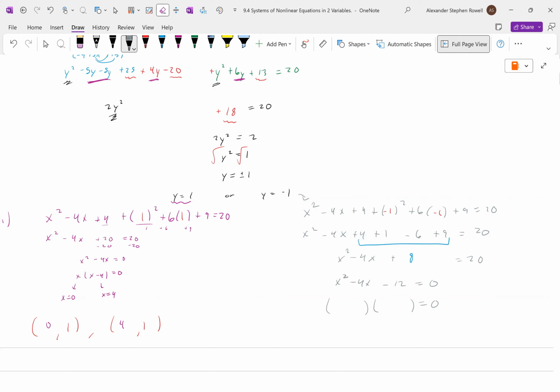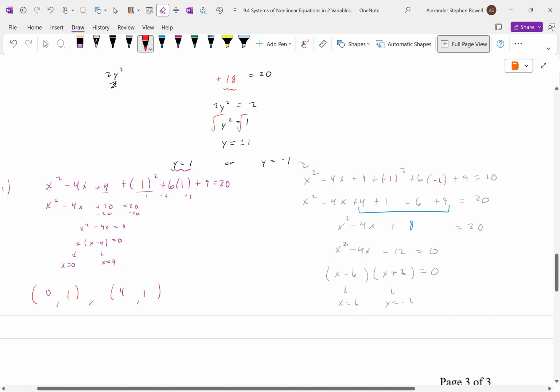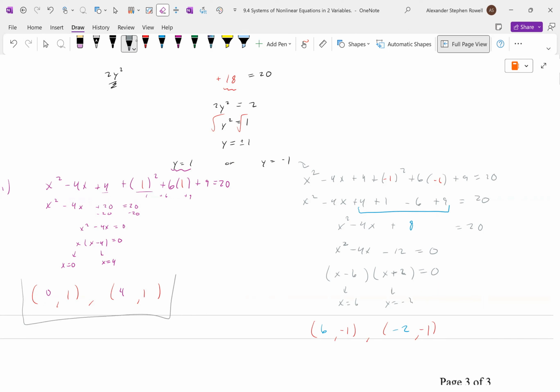Okay, so factors of -12 that add to make -4. X minus 6, x plus 2. X equals 6. X equals -2. So what we're saying here is when y is -1, we have 2 different x values. -2 and 6. So we have 4 solutions where these 2 circles intersect.